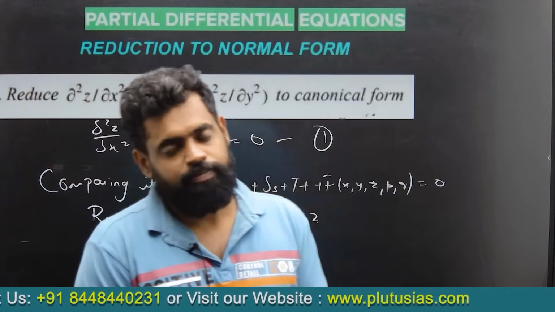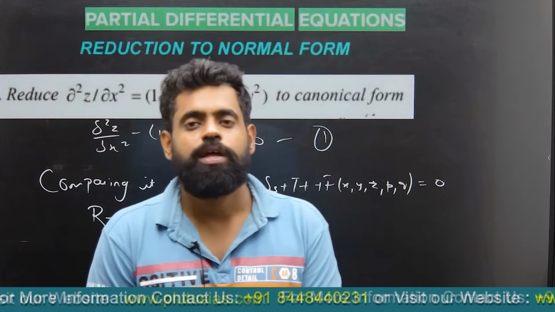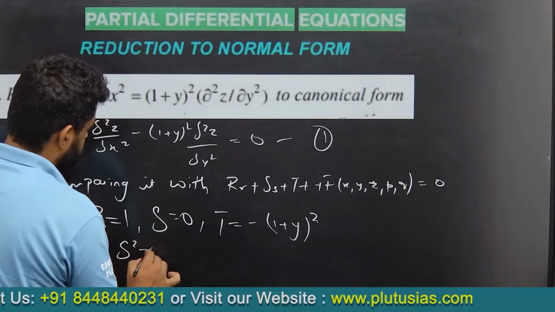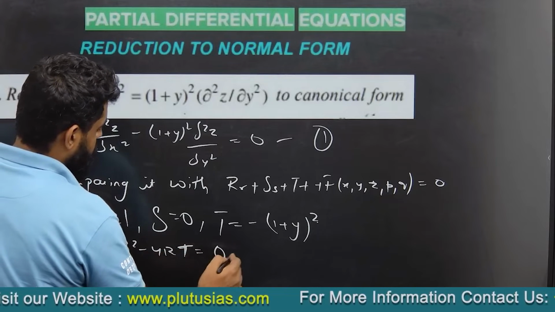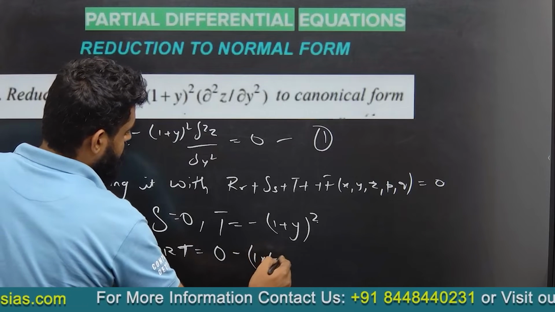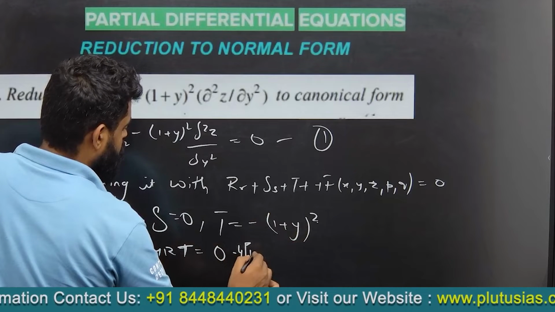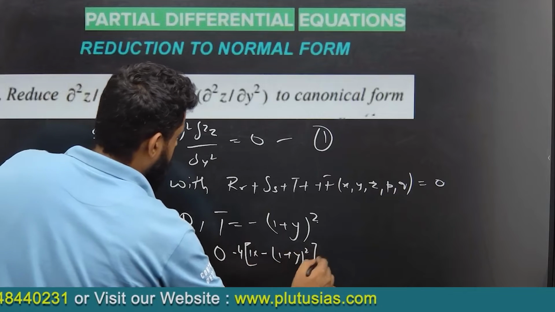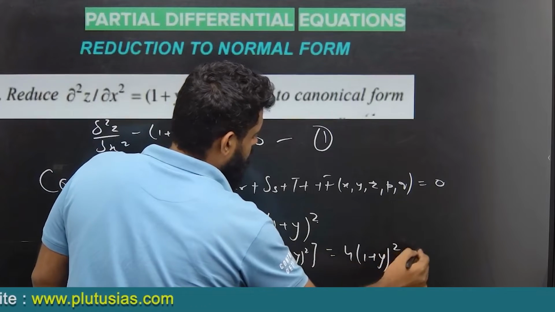First of all we check of which form it is, whether it is hyperbolic, parabolic or elliptic in nature. So we first calculate s square minus 4rt, which would be 0 minus 4 times 1 into minus of (1 plus y) squared, which would be equal to 4 times (1 plus y) squared, which is greater than 0.